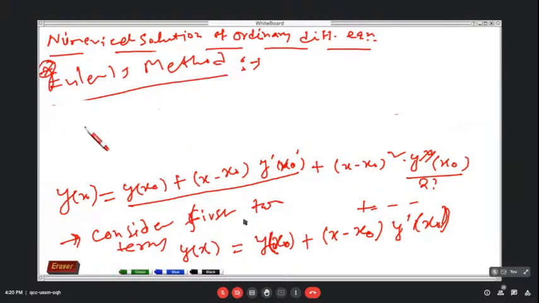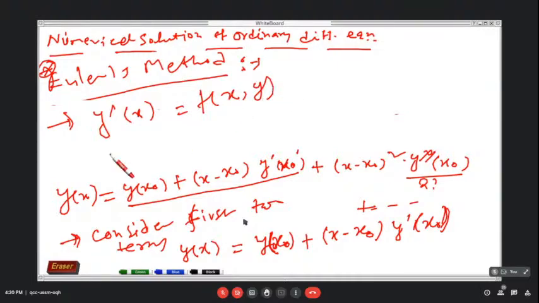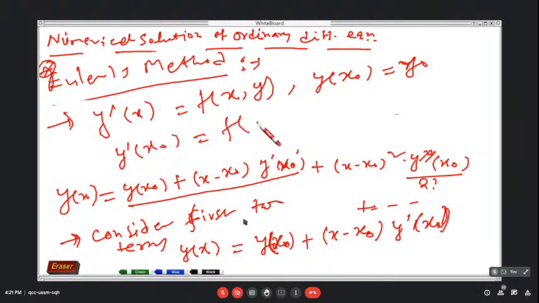Our differential equation is y prime of x is equal to f of x, y, the first derivative of our function, and y of x0 is equal to y0. So y prime of x0 is nothing but f of x0, y0.